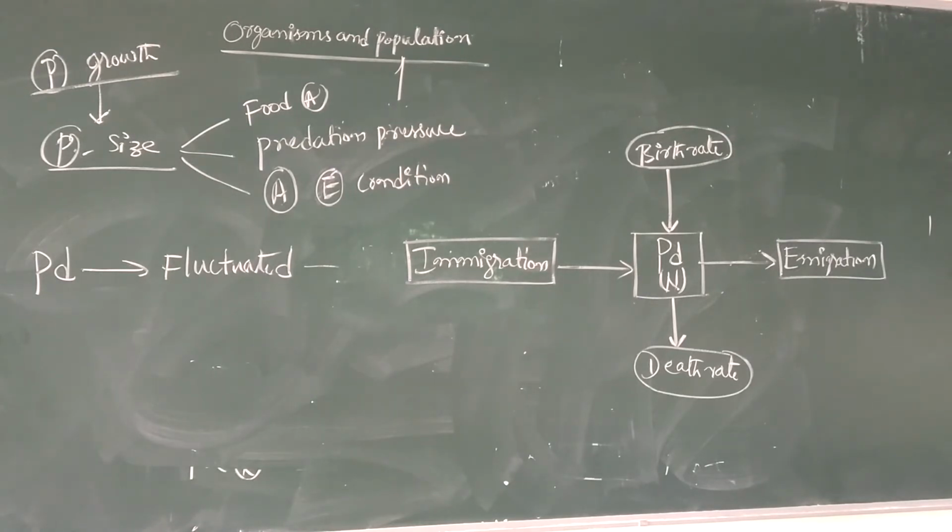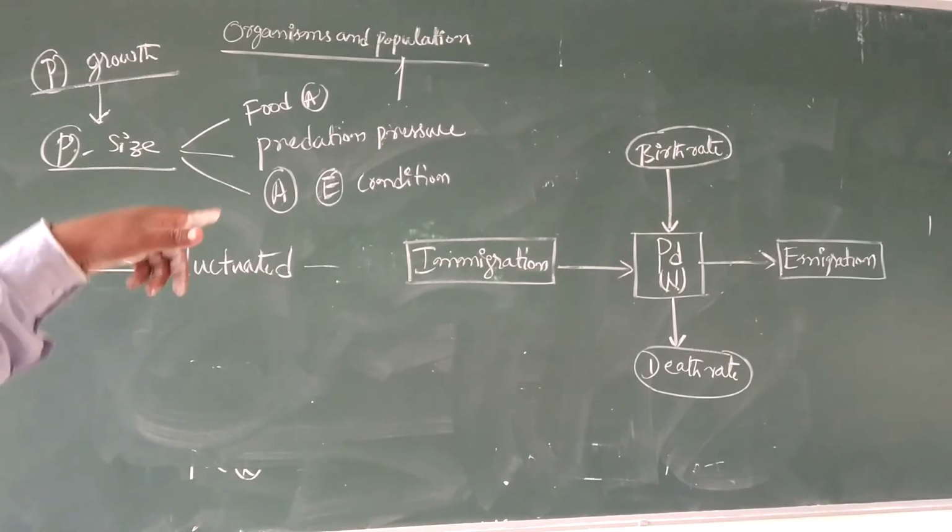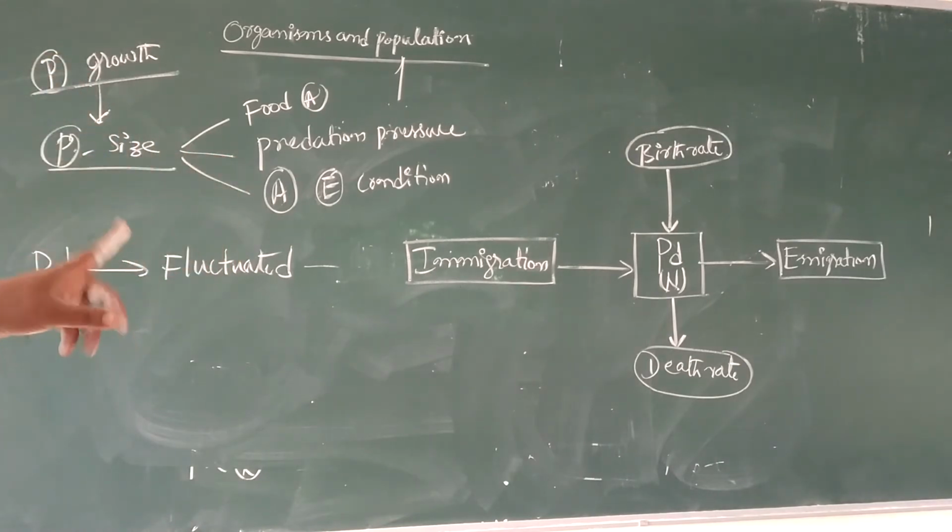Immigration means the number of individuals of the same species who come into the habitat from elsewhere at a given period of time.